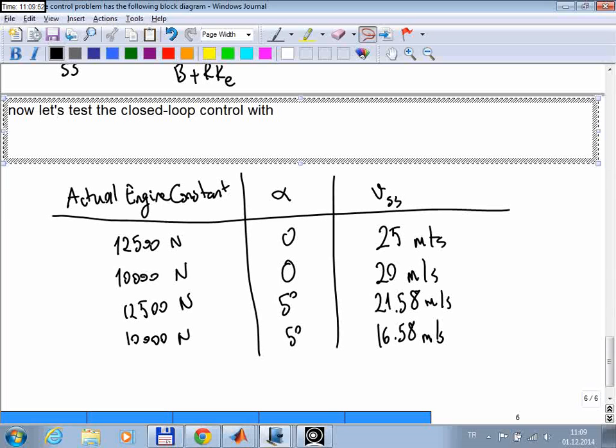To find some numerical values, we need to choose a value for this k number. So let that k number be 0.1, and V as desired be 25 meters per second.